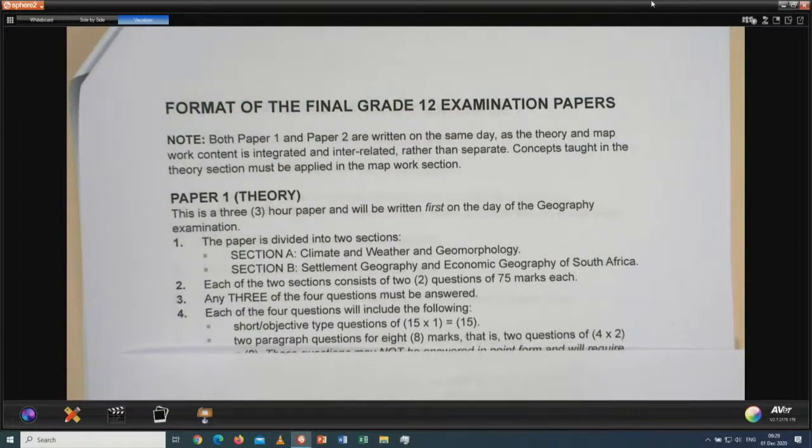We have 2 of them in each question. These questions may not be answered in point form and will require analytical thinking and insight. You must be able to show us a deeper understanding of the concept that we're discussing.